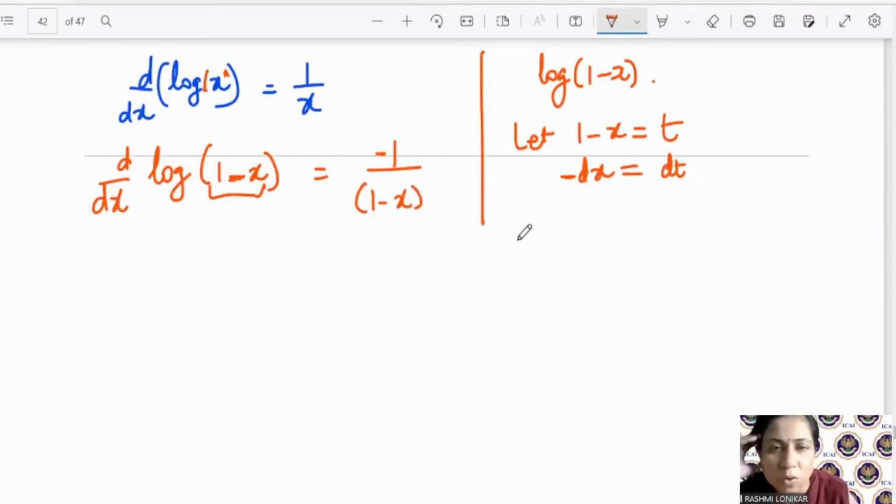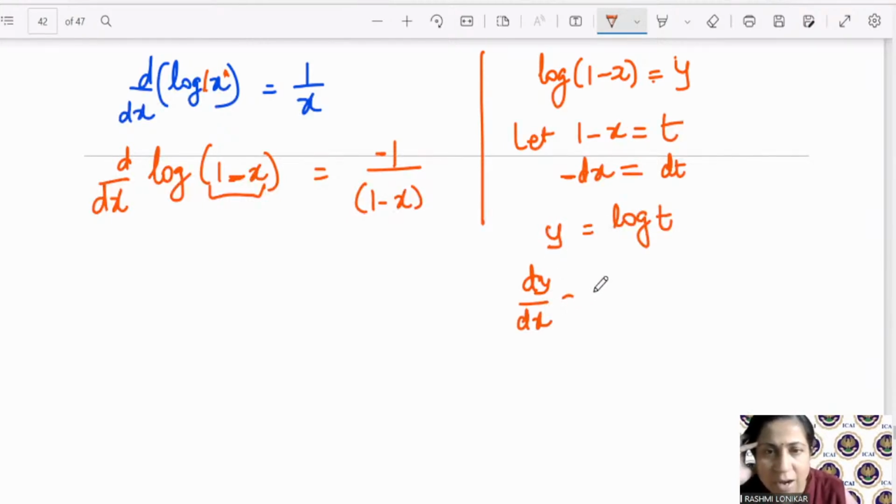Okay. So what will happen? Suppose this is equal to y. Okay. So I will have y to be equal to log of t, because I have substituted 1 minus x is equal to t. So what will be my dy by dx? It will be equal to dy by dt into dt by dx. Okay.